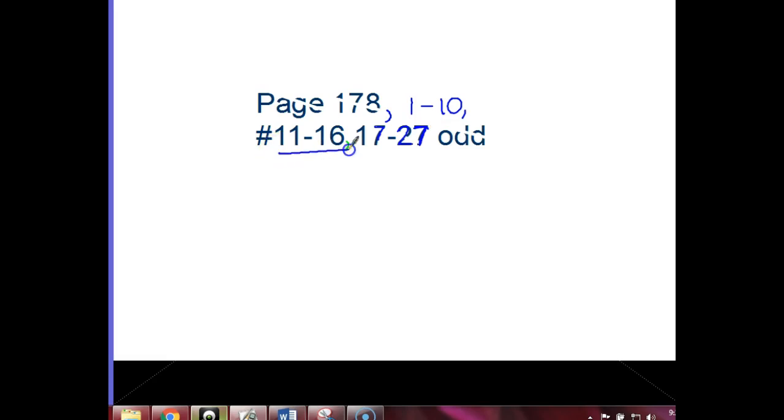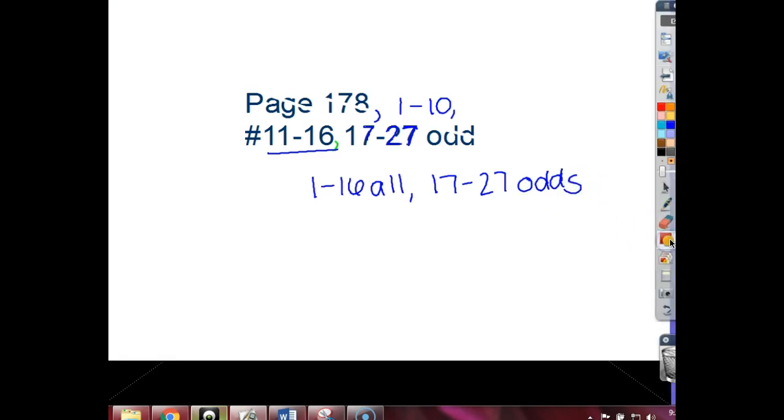I guess you're doing 1 through 10. Actually, you're doing 1 to 16 all. And then 17 to 27 odd. Because I had to add back the exponentials to catch up for that day.